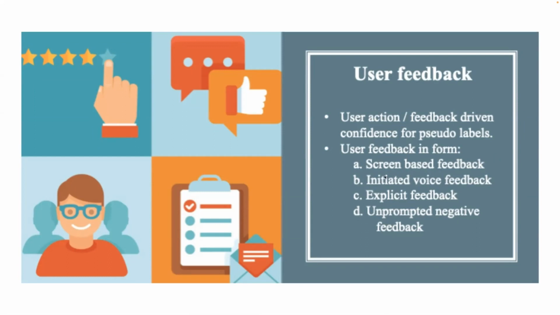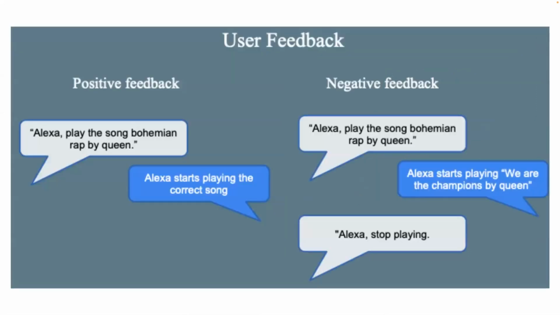It is also possible to get feedback through the way that the users use the result of the inference. For instance, let's say in an AI-assisted bot setting, you are talking to your Alexa device. A type of positive feedback would be the user asking Alexa to play a song, and then Alexa starts playing the correct song, and the user keeps listening for a couple of minutes.